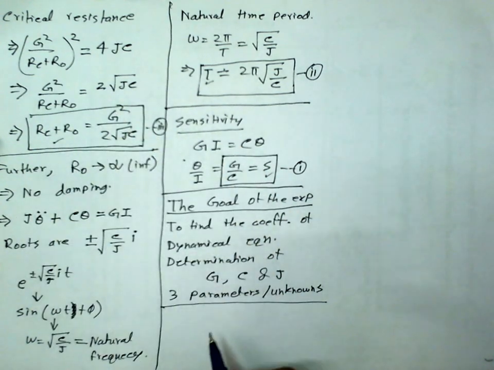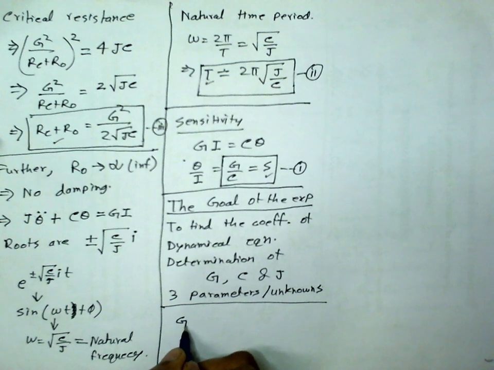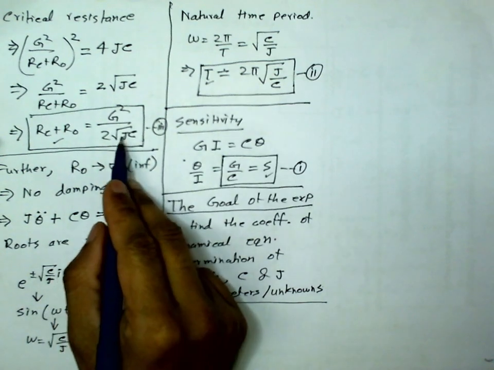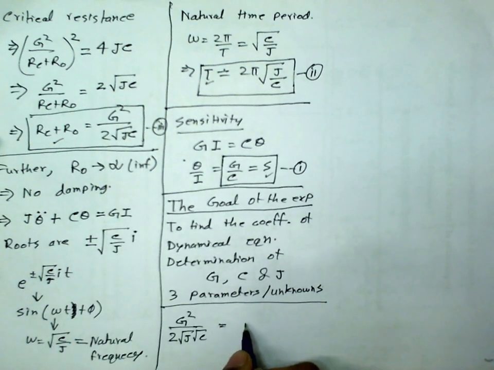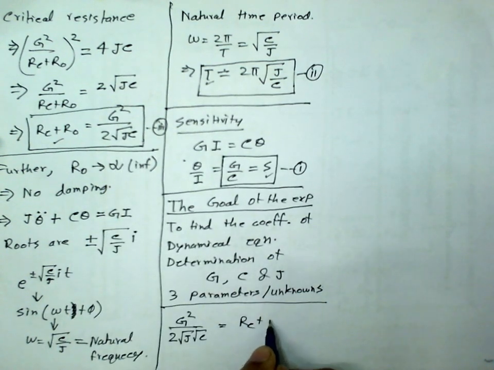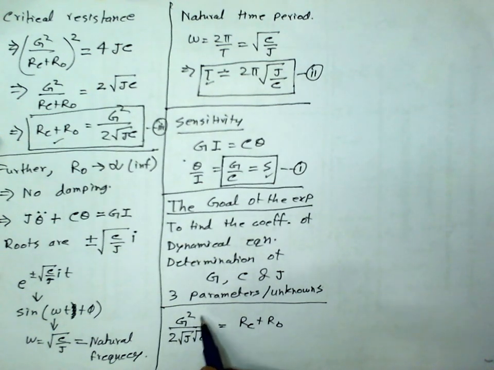So I'll start with this equation. I'll write G square by 2 root J root C, equal to RC plus RO. Now I will multiply with root C in the numerator and denominator.